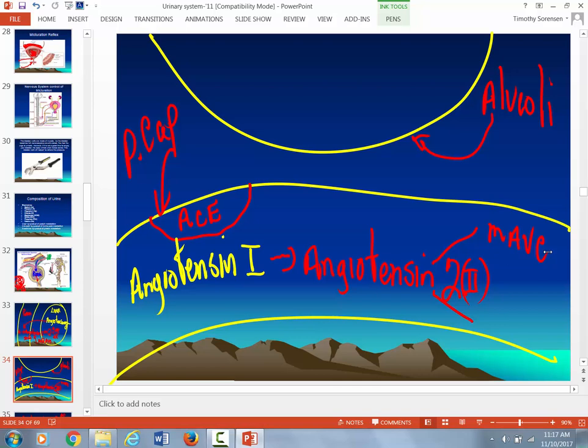So what's going to happen to resistance to blood flow? Goes way up. And what happens to your systolic blood pressure? Goes way up. But the other thing that it does is it will stimulate the release of aldosterone from the cells of the adrenal cortex. Say yeah.